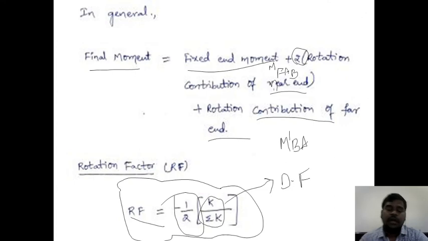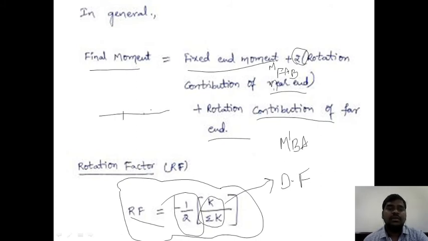So after finding the rotation factor, what do we have to do? We have to go for the next step and find every moment for every joint. That is for joint B, joint C, if the problem is given like this.